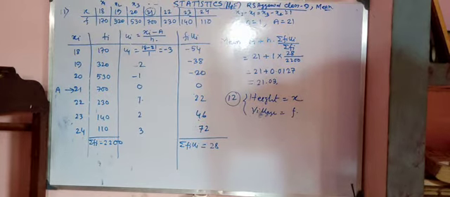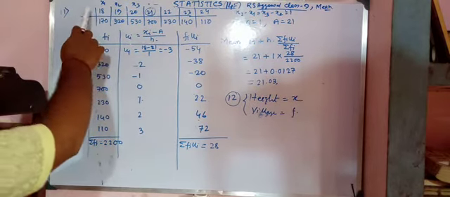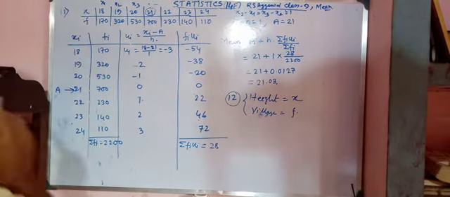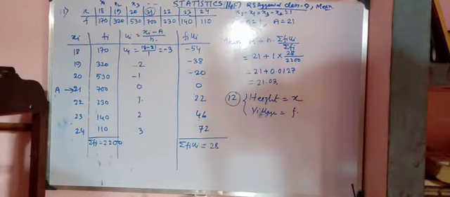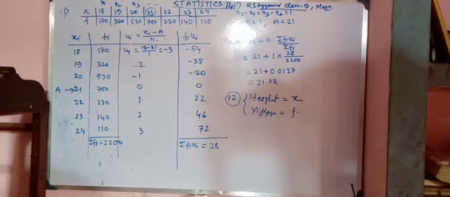Okay. So once again, the question is given here. This is x, f. Question I am reading once again from exercise 14F. Question number 11. Use the step deviation method to find the arithmetic mean of the following data. The data is given over here.